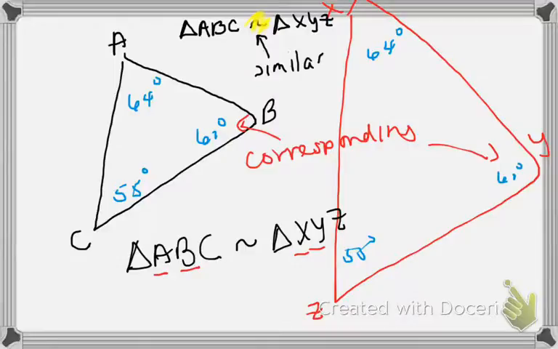And if you look at C and Z, they are the same thing, they're 55 degrees. So I just want to let you know about the angles. The angles are equal, congruent on similar shapes or similar figures. So they're the same. Another thing to know is these directions are really powerful. They tell you a lot.